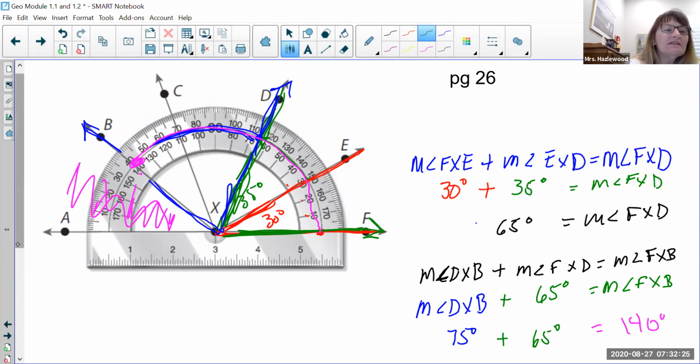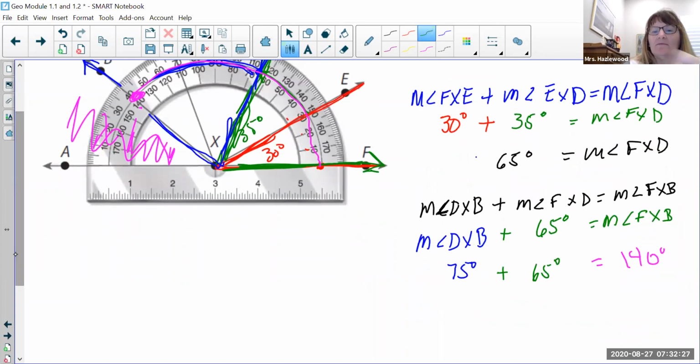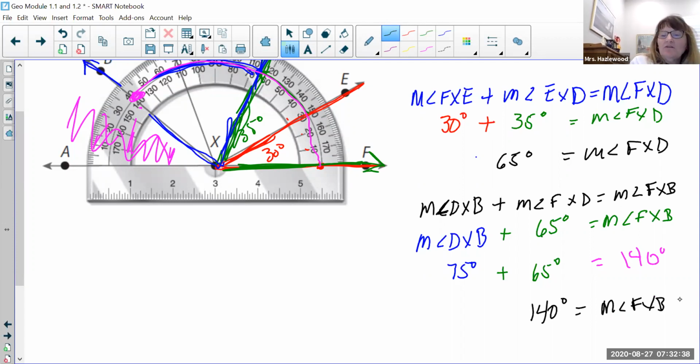So 65 and 75 is 140. All right, very good. If you went about it a different way than others did, that's okay, as long as you got the right answer.